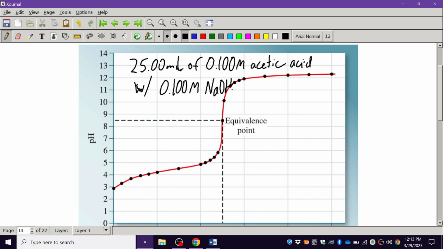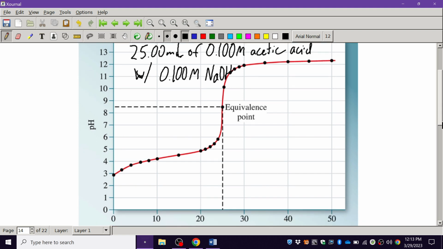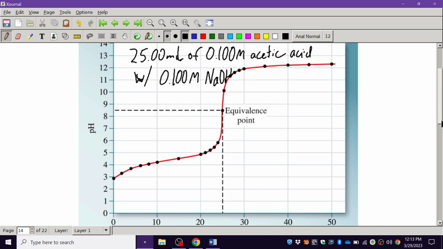And so what we would expect, given that, is that the equivalence point would come at exactly 25 milliliters of added base. And again, using what we have learned, both in this part of the chapter as well as previously, we can calculate the pH at any point along this titration curve.